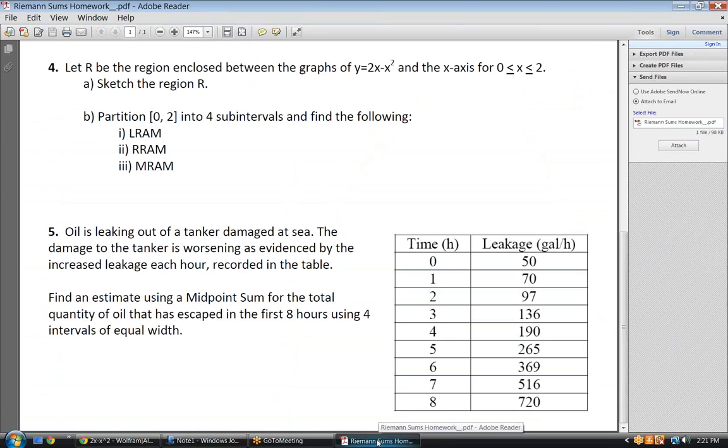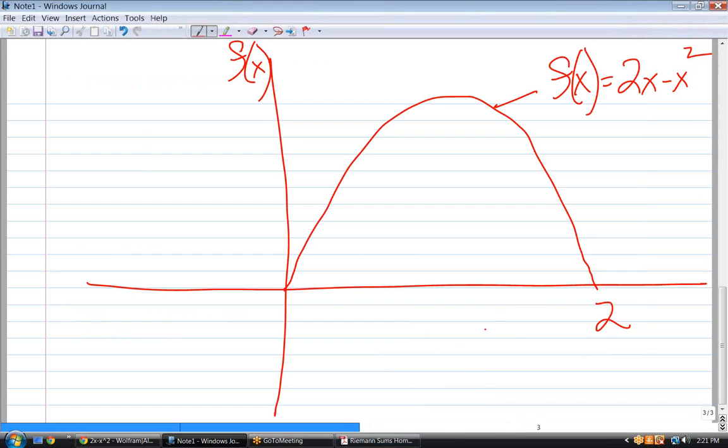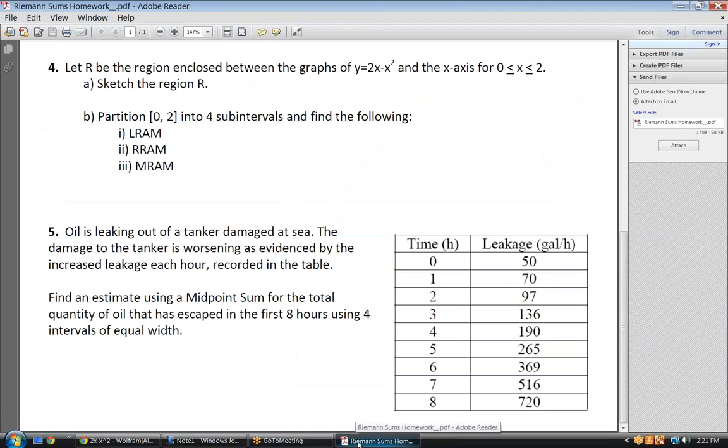So divide it into 4 intervals, partition it and do left ram.